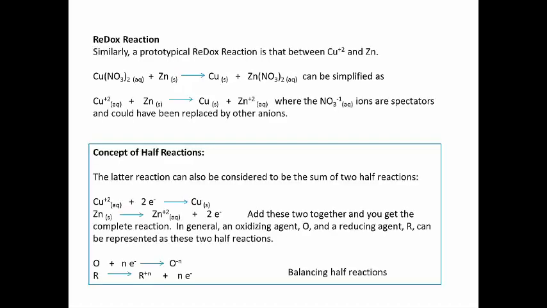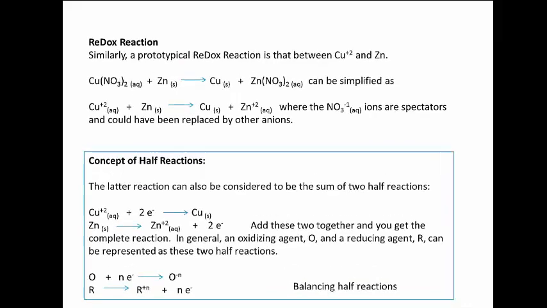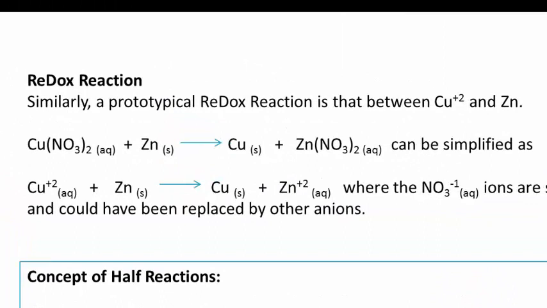For redox reactions, we can also talk about a net ionic reaction. The prototypical redox reaction is that between copper 2+ cation and zinc metal. We've talked about this before in earlier slides. But really, if we have copper 2+ dissolved in aqueous solution, there must be some anions, such as nitrate. So the more complete representation of the reaction would be the first line.